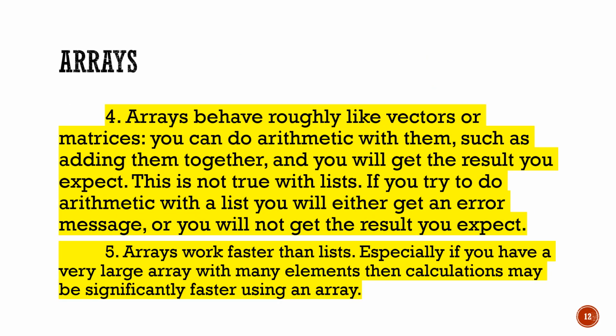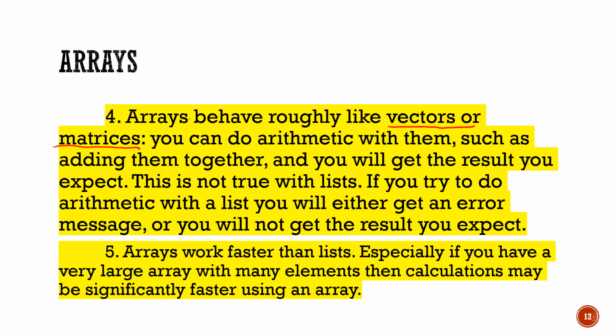Also, arrays behave roughly like vectors or matrices. That's why in physics we don't just use lists. If it is just one dimension, you can use a list. But when you say vectors, three-dimensional vectors, a matrix, or a system of linear equations, then you can use arrays.